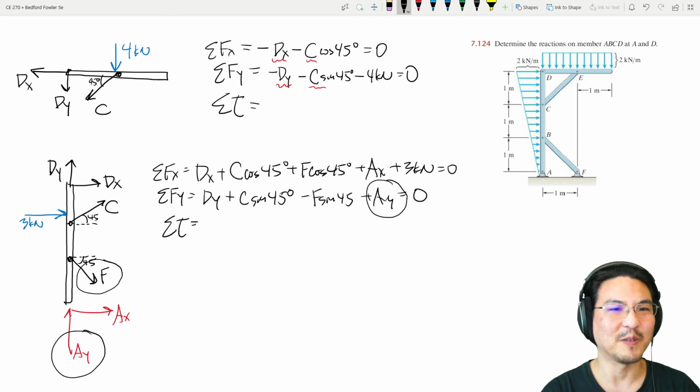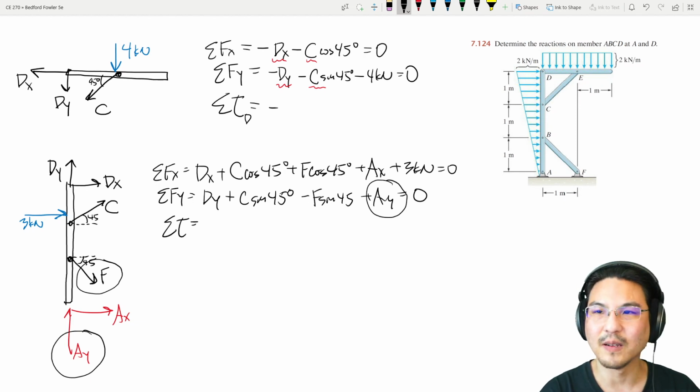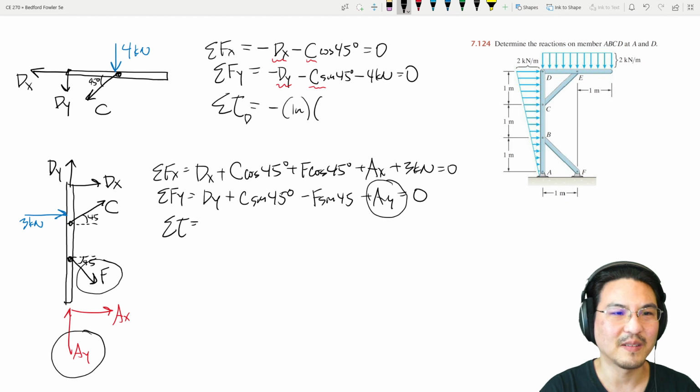So for example, if we sum torque about point D, then what does that give us? I'll just write it. So sum torque about point D would be negative 1 meter times 4 plus c sine 45.